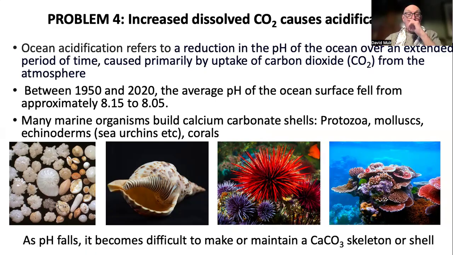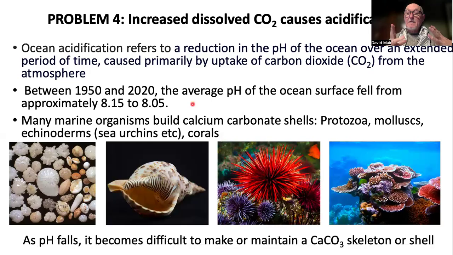And when the ocean pH falls, again, it doesn't look like much to fall from 8.15 down to 8.05. That doesn't look to our eye like much, but when you're an organism which is adapted to a very, very constant pH, which is normally the case in ocean water, when you're suddenly subjected to this sort of change, building calcium carbonate shells becomes extremely difficult.